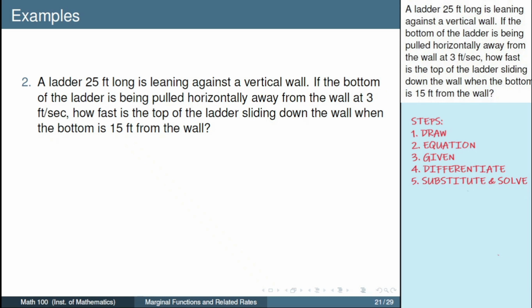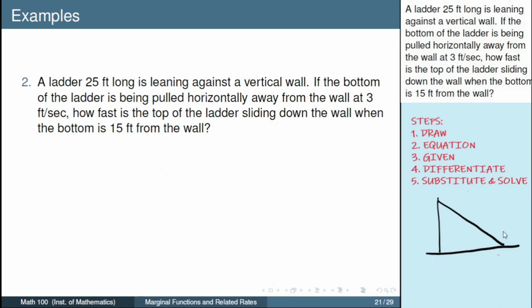Okay, so the first step in solving this problem is to draw the illustration. So I have here a ladder that is leaning against a wall. So let's say this is the wall. Then we can illustrate this as this.